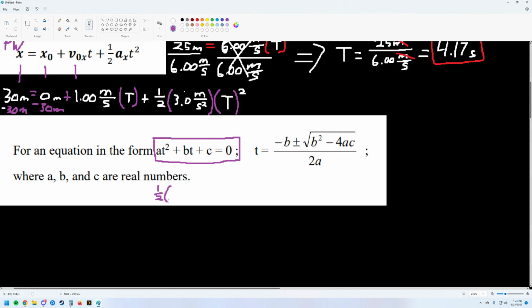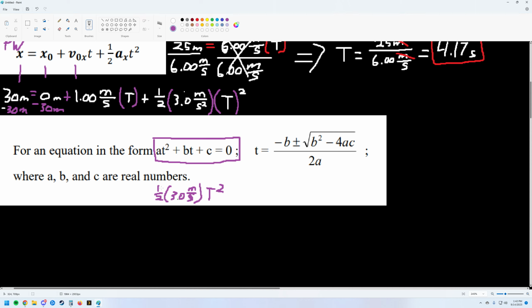1/2 times 3.0 meters per second squared times time squared. Now, you want to be careful here because you might just want to put in 3.0, but that's not right.